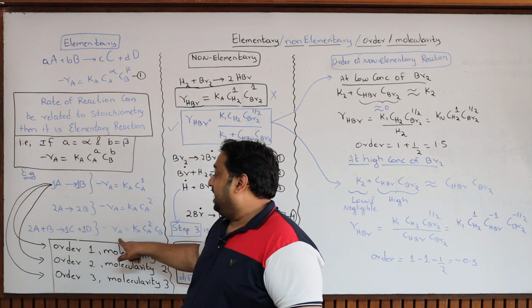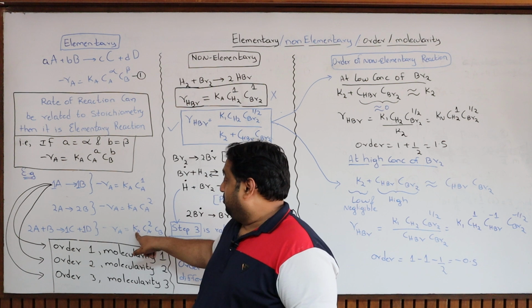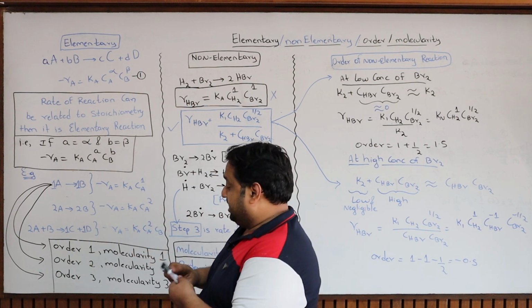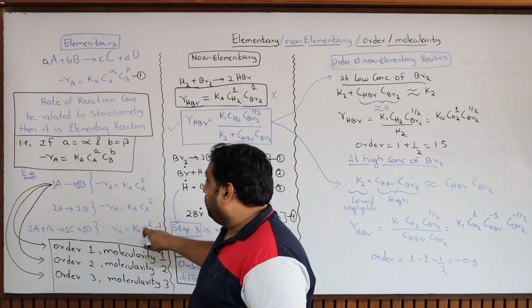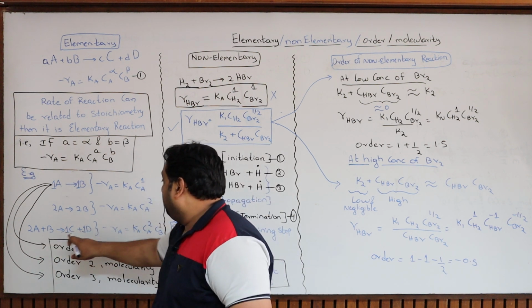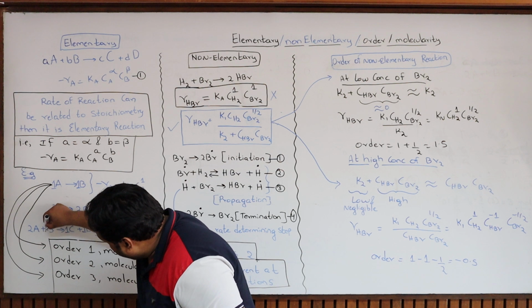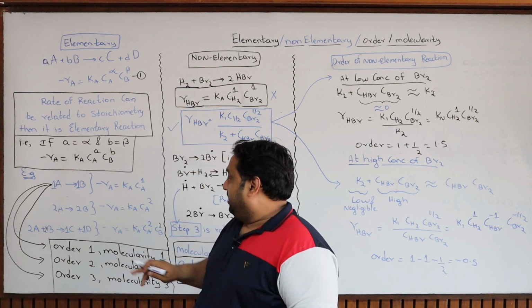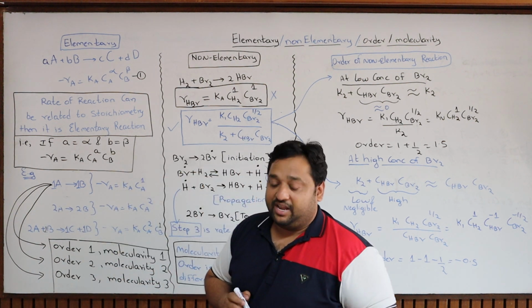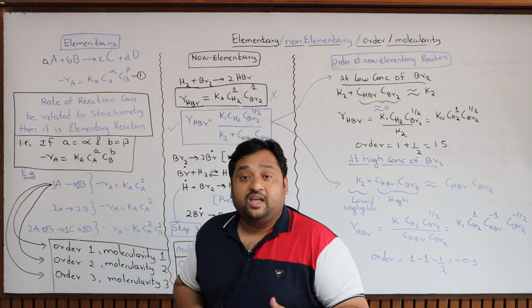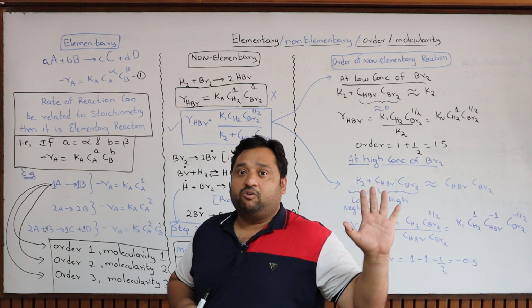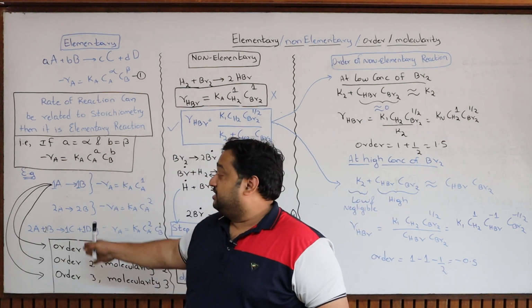That means minus rA is equal to rate constant kA into CA square and CB power 1. Now 2 and 2 are matching, 1 and 1 are matching. Here also it is 1 mole of C. Then you can say it is called an elementary reaction. The question is, what is the order and what is the molecularity? Now you have figured out that these examples are elementary reactions.